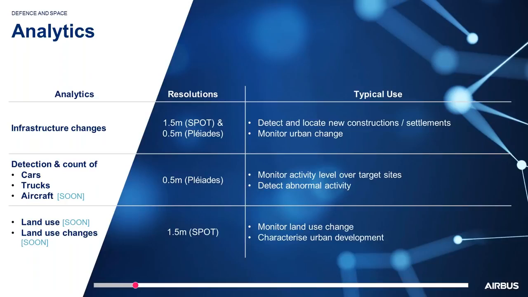The infrastructure changes analytic is able to detect any changes related to new roads, new buildings, new houses, new earthwork, or something like that. The typical use for this is to detect and locate new construction or new settlements, or again, monitor urban change.